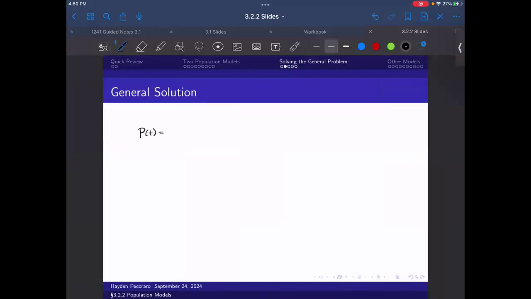P of t equals e to the k1t over k2 over k1 e to the k1t plus 1 over p0 minus 1 over what I'm going to call p infinity. And p infinity is k1 divided by k2. It is the second steady state solution of our system, aside from 0.